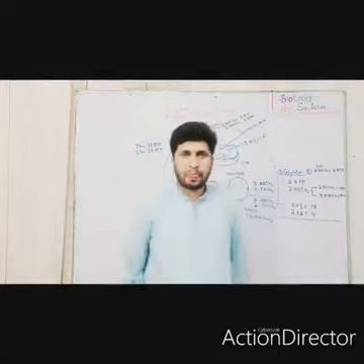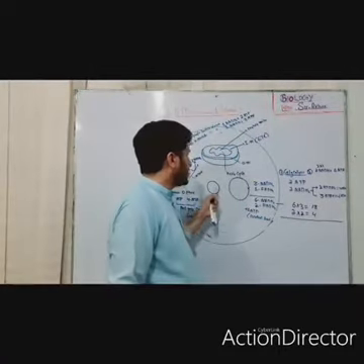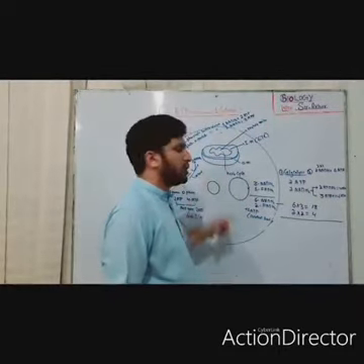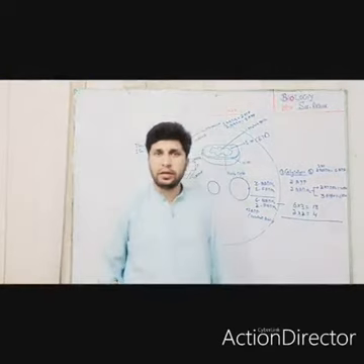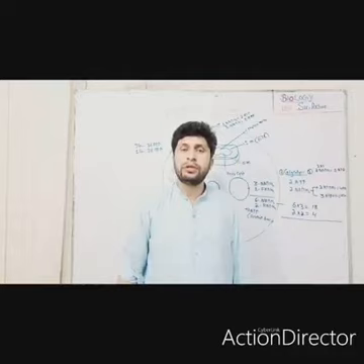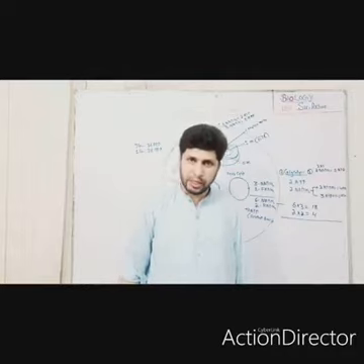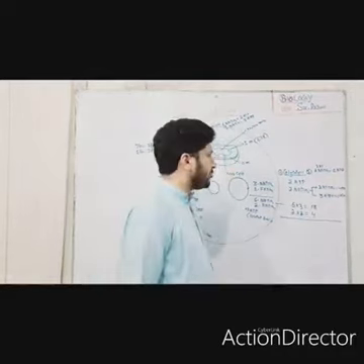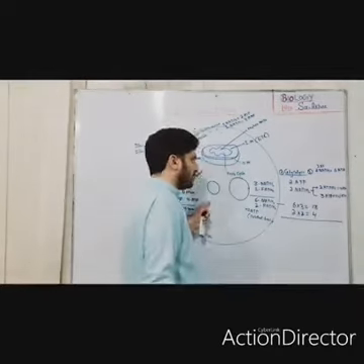Okay, dear student, as we have mentioned, different processes of glucose breakdown occur in different portions of the cell and produce different amounts of ATP. Now at the end we will calculate the total amount of ATP.